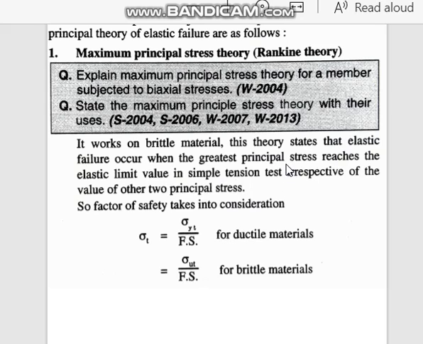You can stop here, or you can also write: irrespective of the value of other two principal stresses.